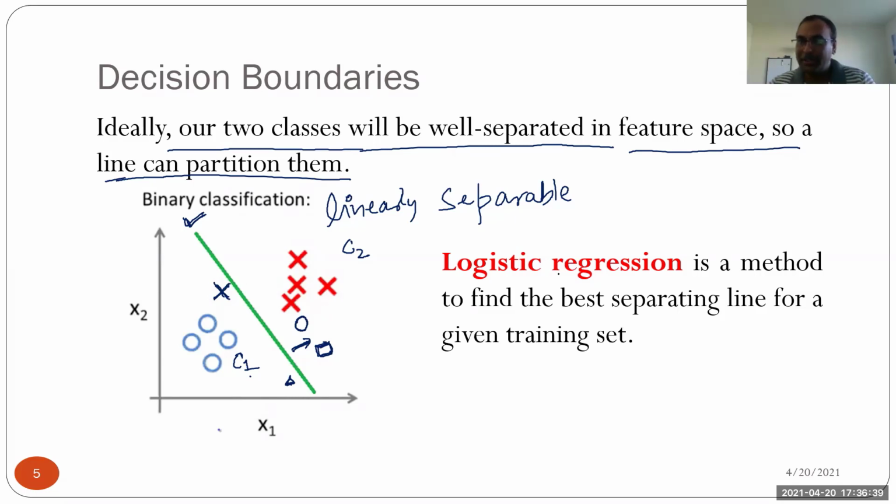So what logistic regression does, this is a method to find the best separating line from the given training set. So logistic regression in fact finds out this line for us, which will separate the classes using the decision boundary, so that we could decide, right?